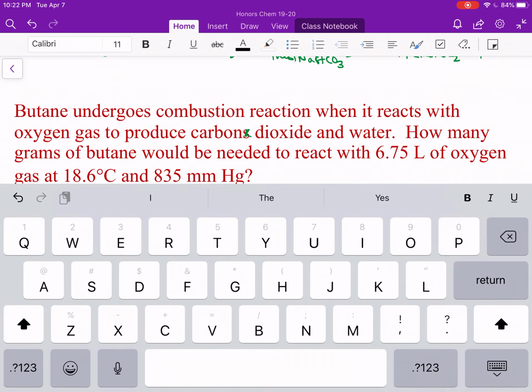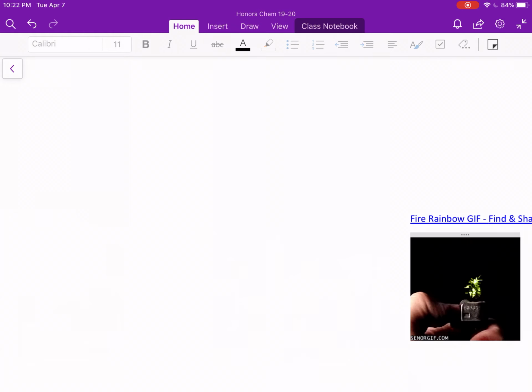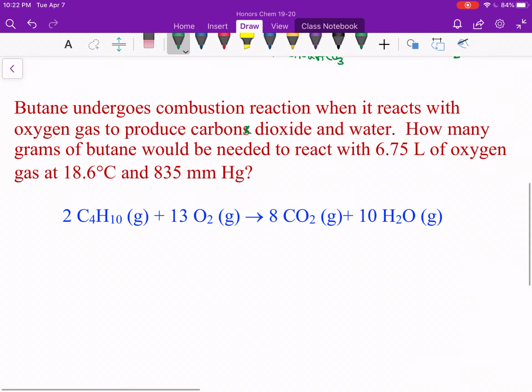And so if we look at this again, now we have a certain amount of oxygen. So we got 6.75 liters at 18.6 degrees C and 835 millimeters of mercury. And we want to know how many grams of butane we can burn when we react all of that. So again, we have a volume of gas at a certain temperature and pressure, and we're looking for grams.